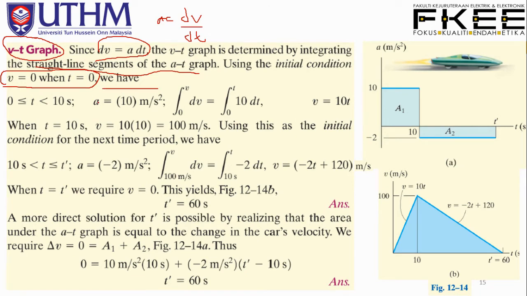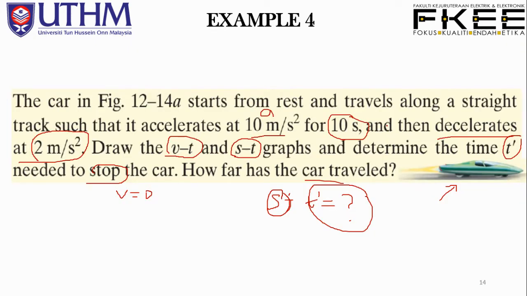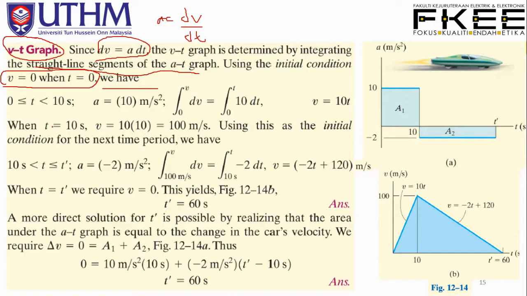we have the first condition, within 10 seconds, from t equal to 0 up to t equal to 10 seconds. The acceleration is given by this value, 10 meter per second square.